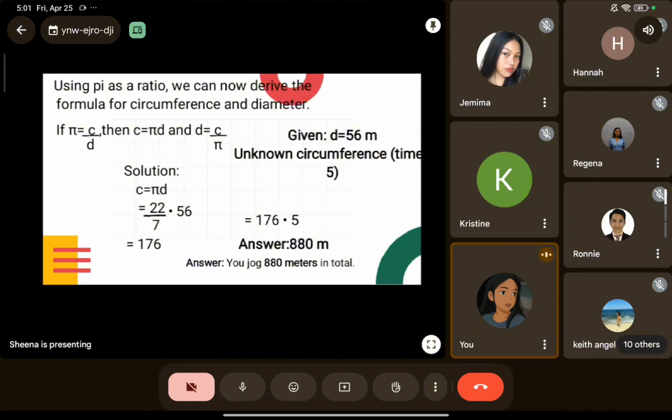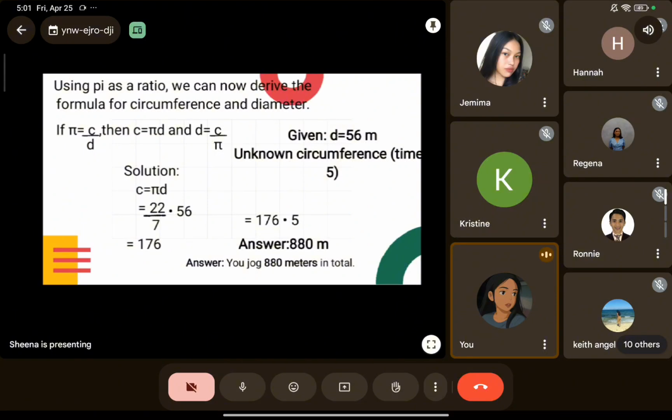Since you jog around the entire track 5 times, we multiply 176 by 5. 176 times 5 is equal to 880 meters. So, you jog 880 meters in total.